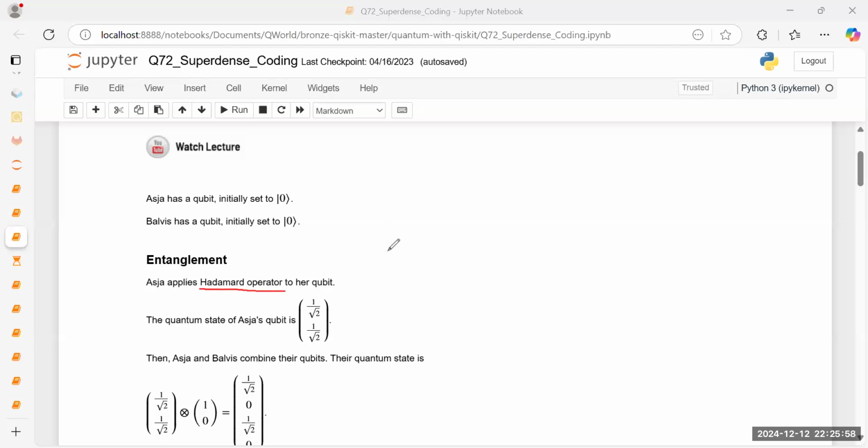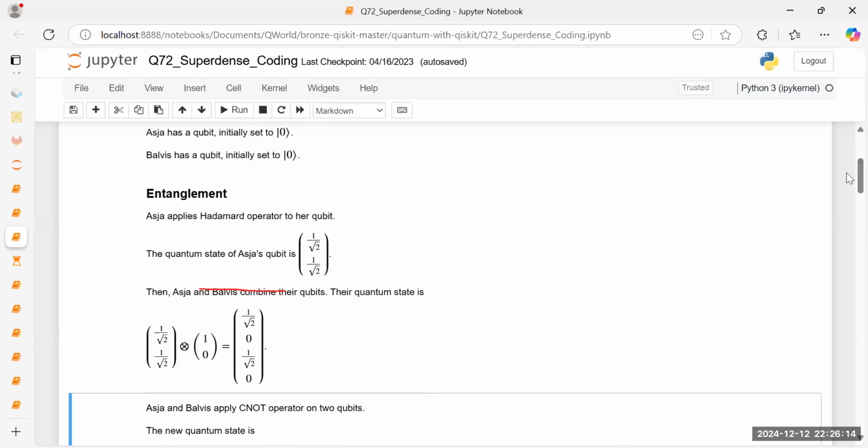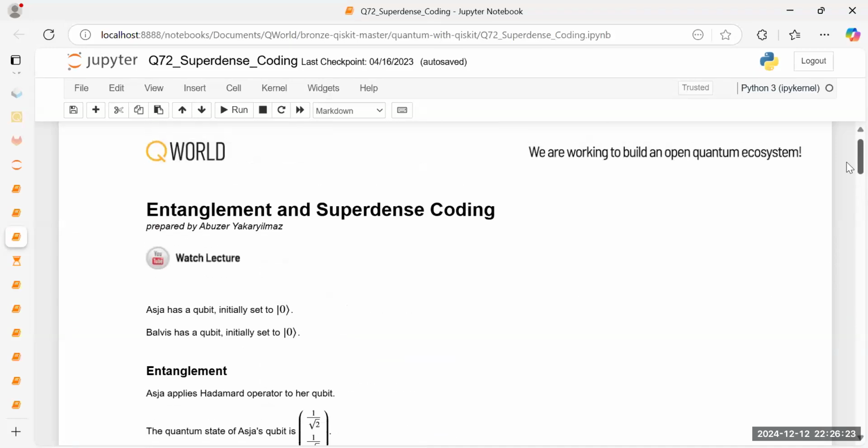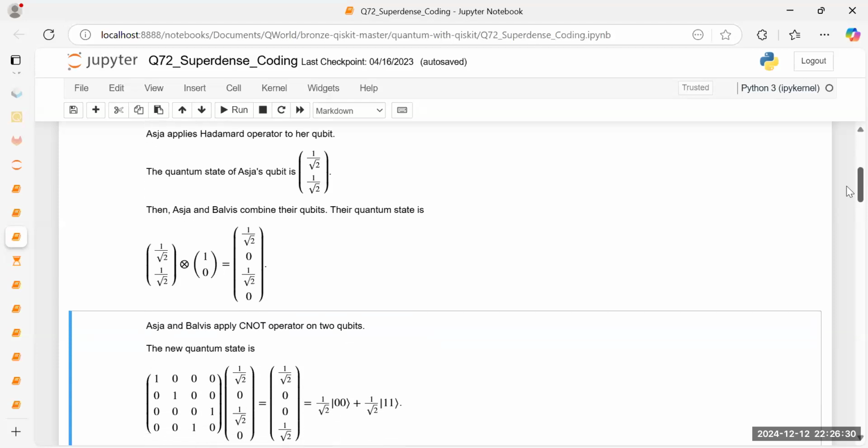Then when his quantum euro coin is in superposition, he's going to apply a CNOT operator on his euro coin and his cent coin. And when he does this, he's going to have two coins that are spinning. So he now has two spinning coins. So he'll give one of the spinning coins to Daniel and give the other spinning coin to Daniel's sister.